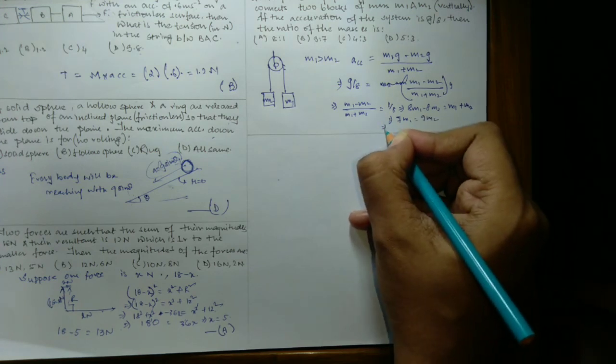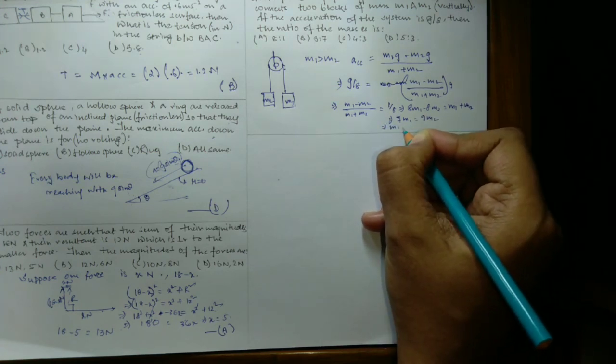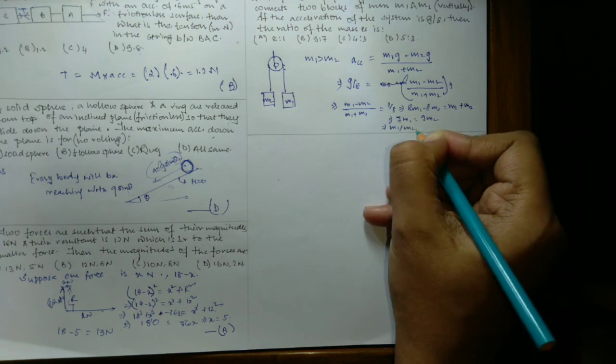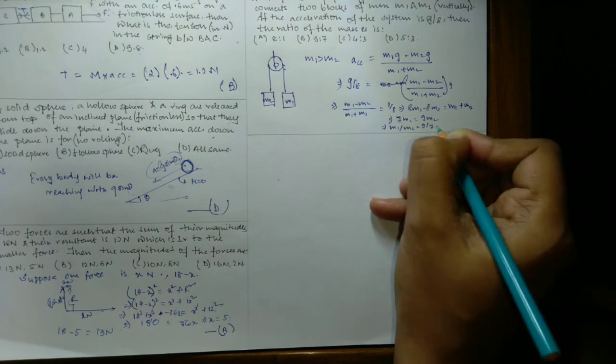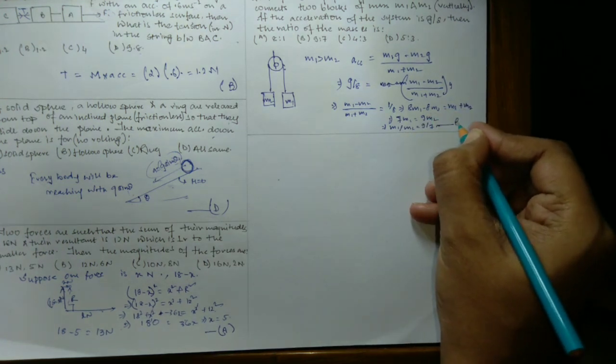So m1 by m2 is nothing but 9/7, which is given in the option.